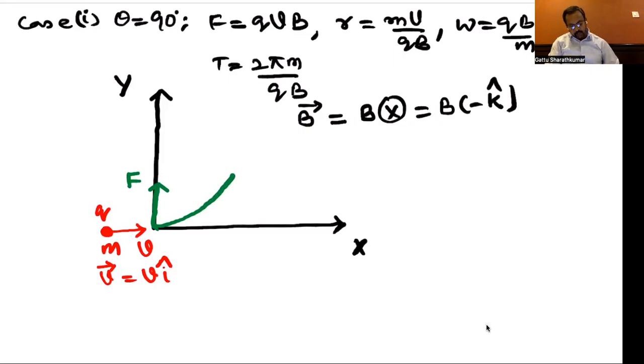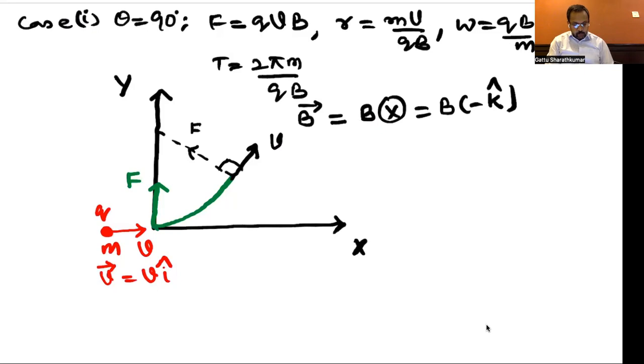After some time t, suppose it is here, moving with a velocity v at that instant, along the tangent to that particular circle. So the force will be like this, obviously. This would be 90 degrees, because velocity is perpendicular to the force.